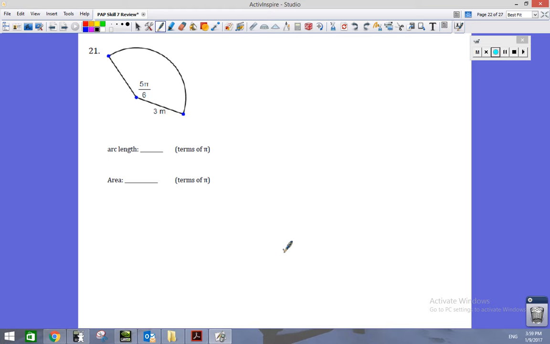So it's the same problem. It's the same idea. The angle measure is given to me in radians. So the arc length, S, is r times theta, where theta is in radians. Here they're giving me a radius of 3, times 5 pi over 6. This is lagging so bad, it's hard to even write.